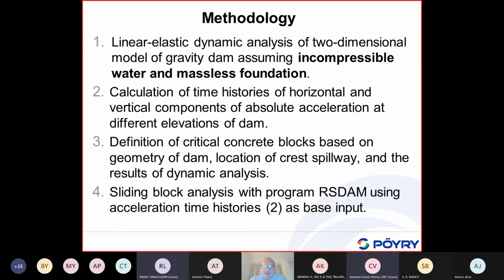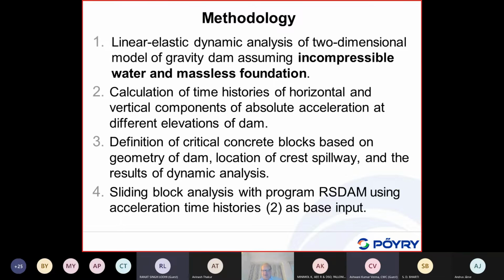Number two, based on a linear elastic dynamic analysis, from this analysis one is obtaining the acceleration time histories of the horizontal and vertical earthquake components. If you do this calculation, you must calculate not the relative acceleration.